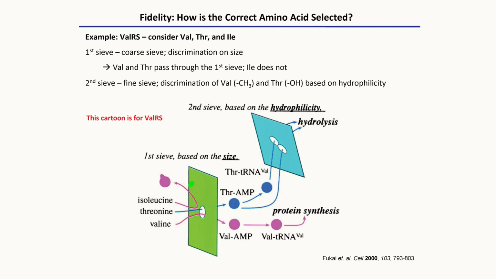So if threonine and valine pass through, what happens? We see each one is activated as the aminoadenylate, and then what? Well, valine, we want to transfer the valine to the tRNA so it can move on and help with protein synthesis. If threonine's activated, and here we see that threonine is transferred to the tRNA as well, this is hydrolyzed by the editing site in this case.